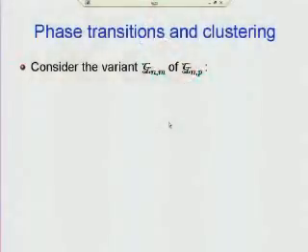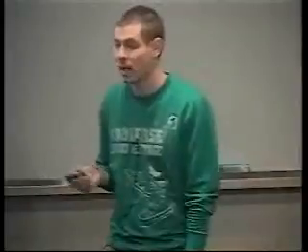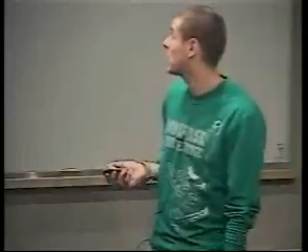Another model that one can consider instead of G(n,p) is G(n,m), where you choose uniformly at random m edges. One benefit of considering G(n,m) rather than G(n,p) is that if you prove that some property holds with high probability over G(n,m), then you can immediately say that it holds for almost all graphs with m edges. G(n,p) is not uniform in any sense, and G(n,m) is uniform over graphs with exactly m edges.